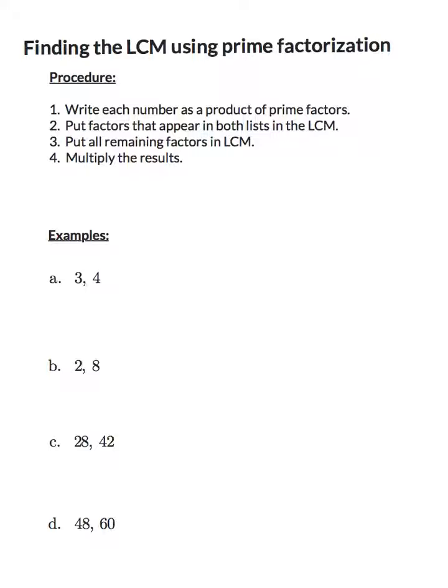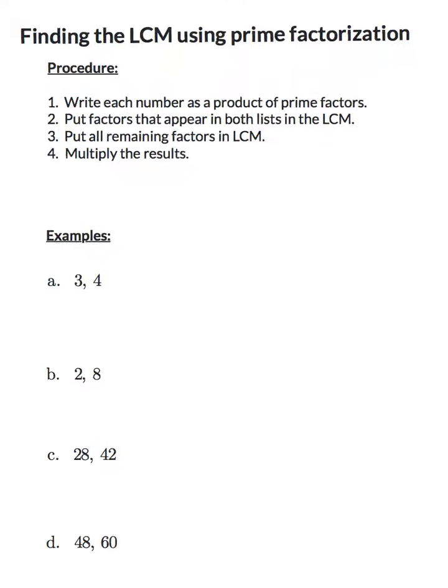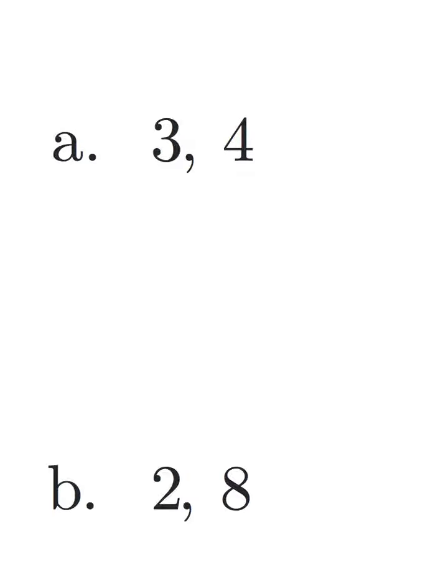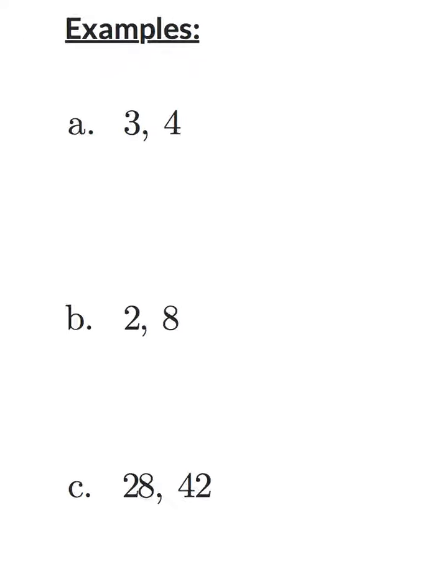Now, all of the examples we're going to look at here, we've done before, so I'm going to go ahead and just write out the prime factorization. If you don't remember how we got it, go back and look at the previous section. But to start off with, let's go ahead and factor each one of these. So let's look at example A to start off with. Example A, we have 3 and 4.